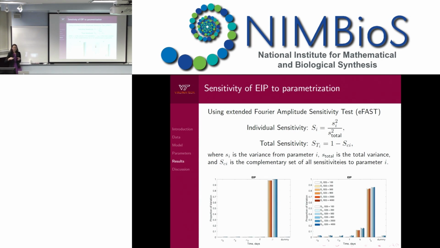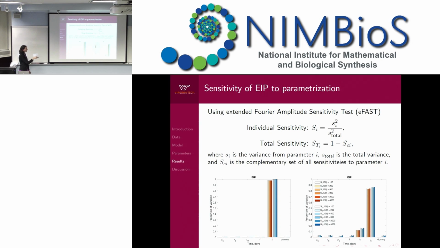And so the individual sensitivities down here are in the orange colors, lighter to darker is fewer to more ookinetes, and then the blue bars, lighter to darker again, are going to be the total sensitivity that we look at.